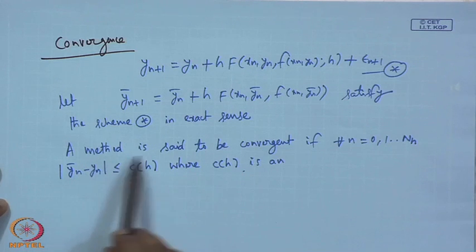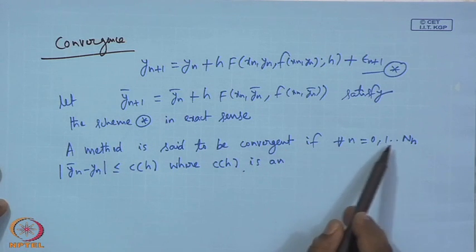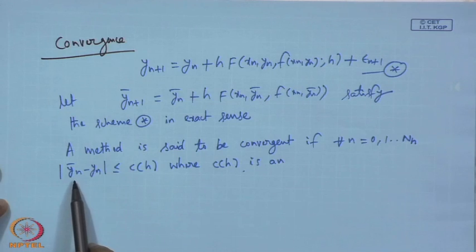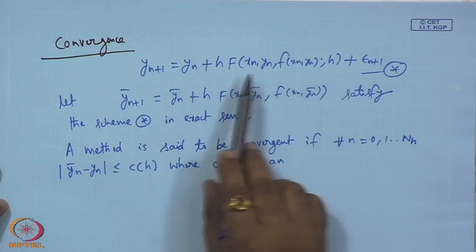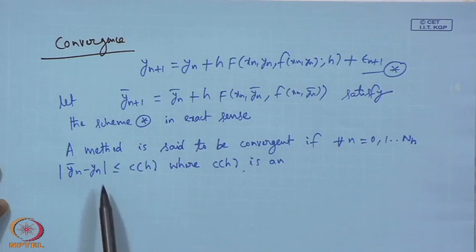So, the method is said to be convergent if for every n, this is the exact solution of the approximating scheme. Okay. So, then this y n is what we obtain.